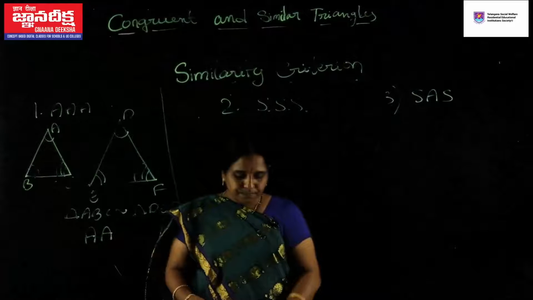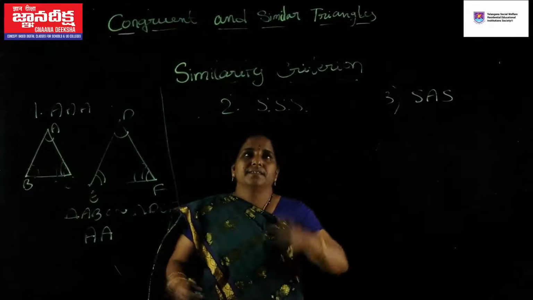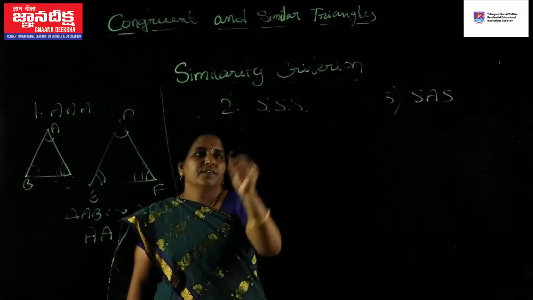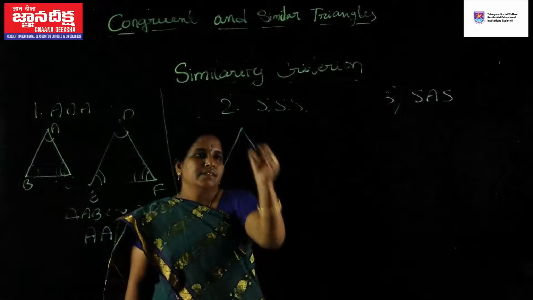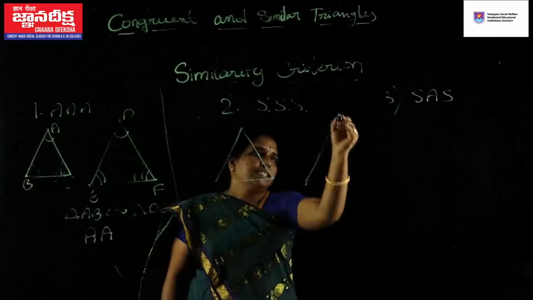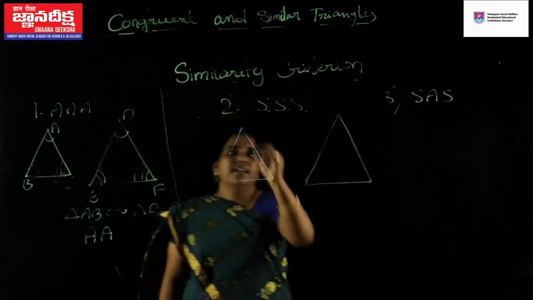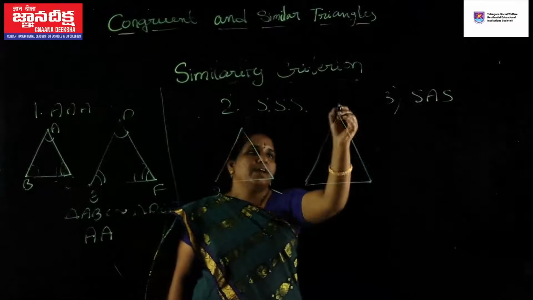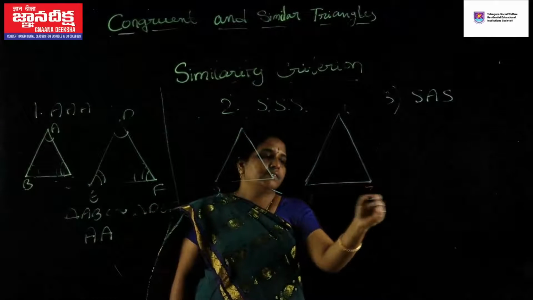Next, coming to SSS, side. Here it depends only on sides. So we have to measure the three sides of the first triangle and the three sides of the second triangle. Let us consider PQR and XYZ.